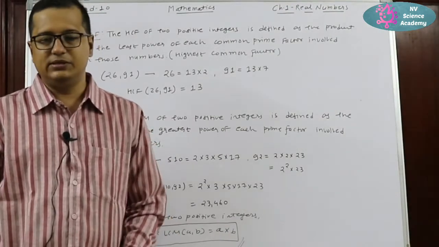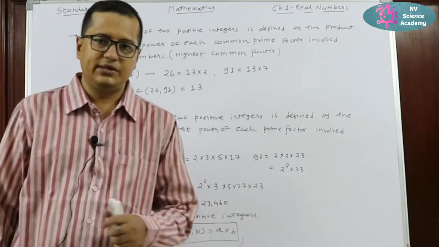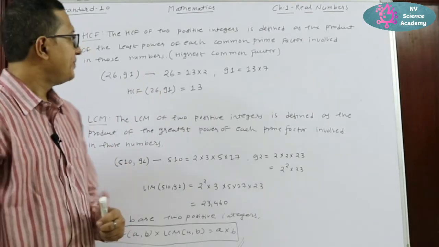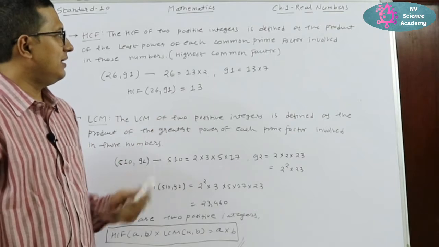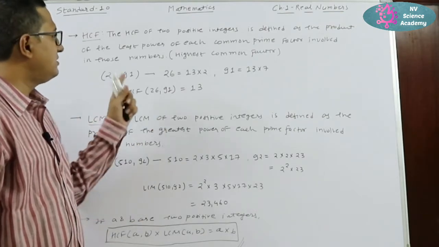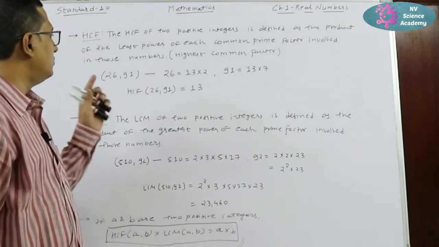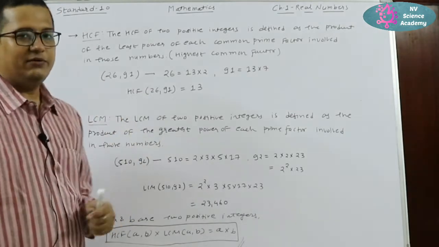Now the next topic is HCF, LCM and one equation. So what is HCF? HCF stands for highest common factor. The HCF of two positive integers is defined as the product of the least power of each common prime factor involved in those numbers. I have one example, 26 and 91.